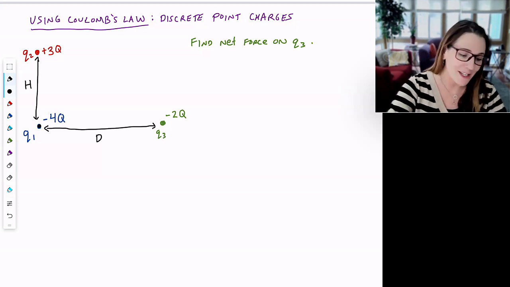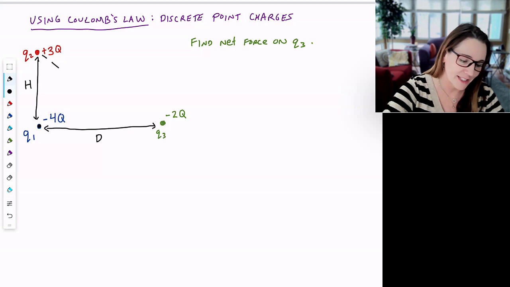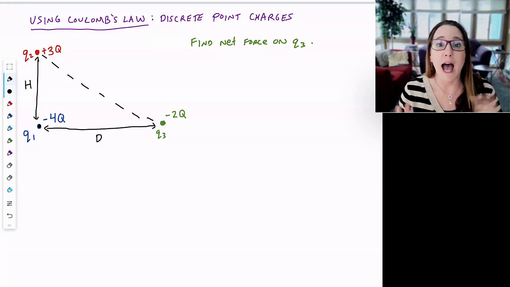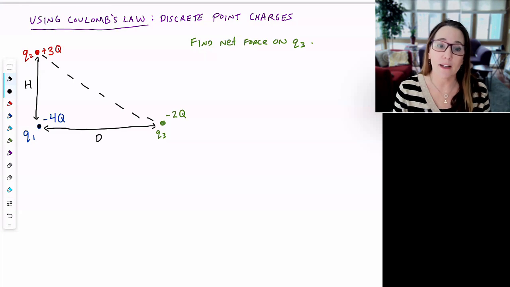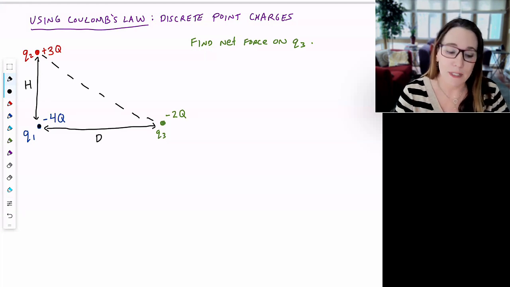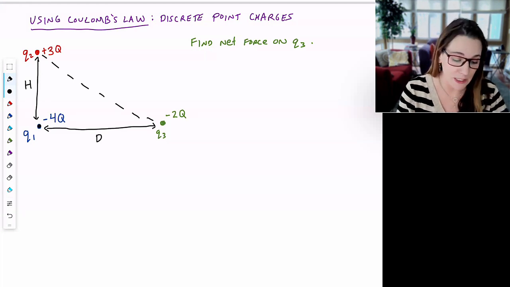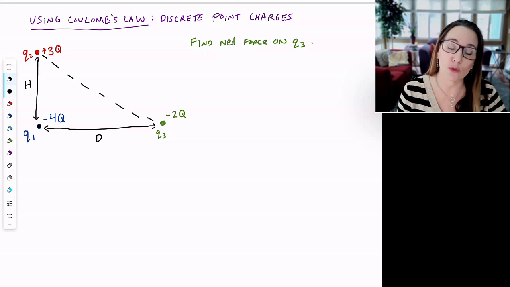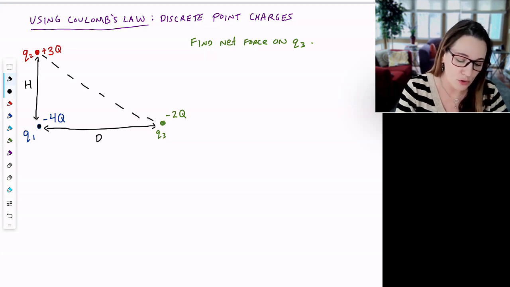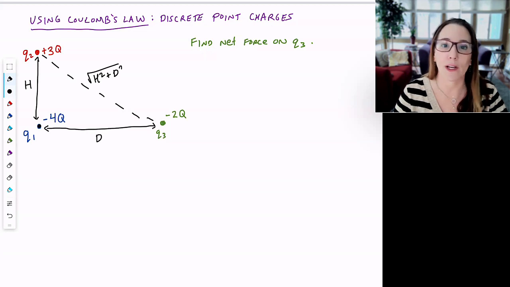So the first step is always to draw a figure. A figure is essential in so many different physics areas. In the figure that you're already provided, we also want to add some details. One thing that was missing is the distance between Q2 and Q3. Using our properties of the right triangle, that's the square root of h squared plus d squared.